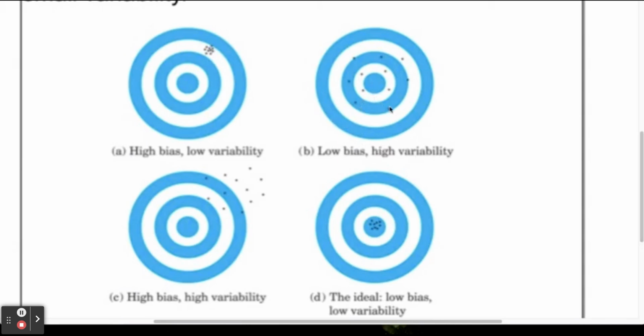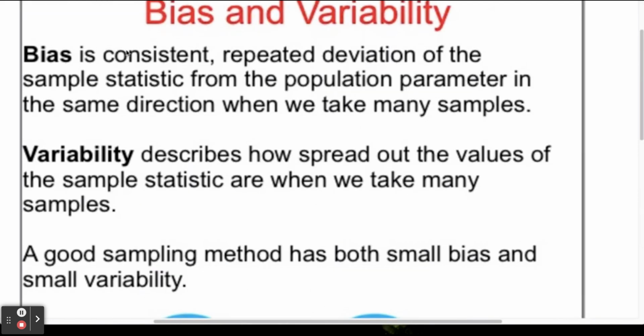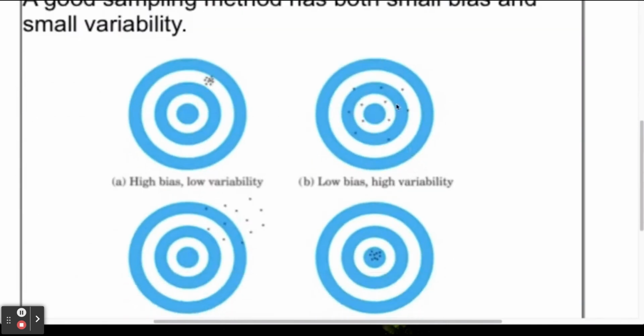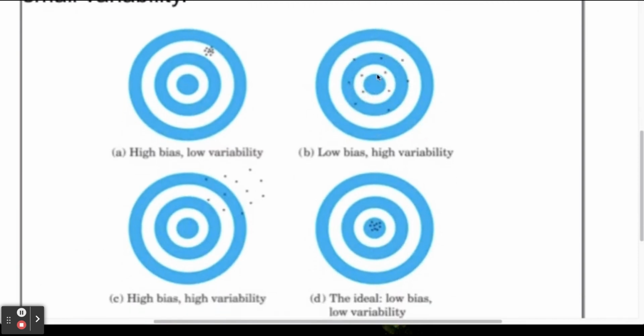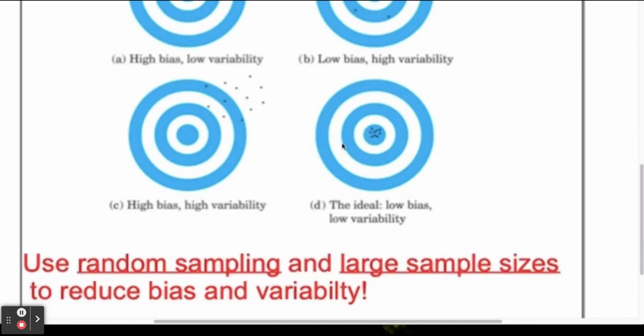Again, not a lot of bias because it's just completely random. Bias is a consistent repeated deviation of the sample statistic. So this is not repeated because it is so random and spread out on what I call a dartboard. But it's high variability because all the darts or all the spots are in such different locations.